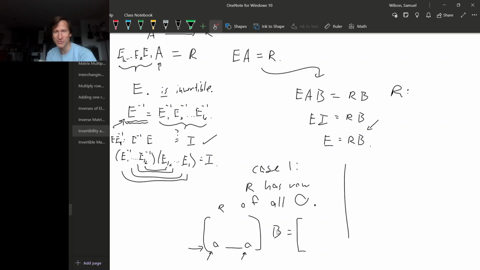So you get all the rows of B multiplied by 0 and added together. That means that we get a row of all zeros, like this.